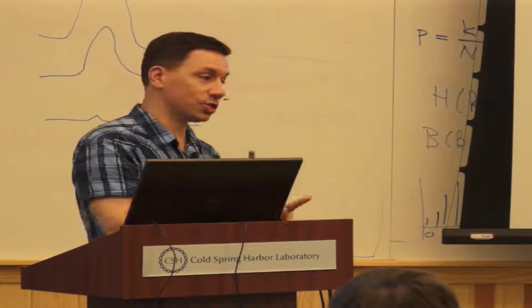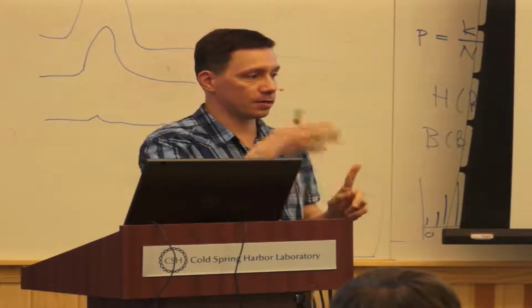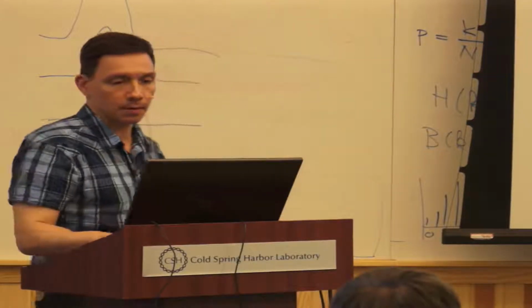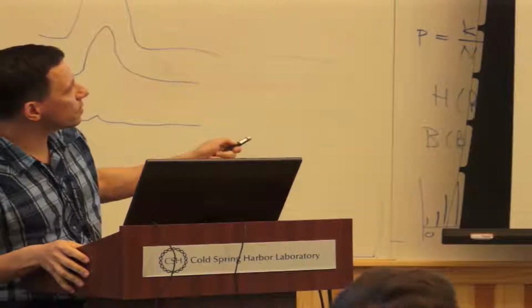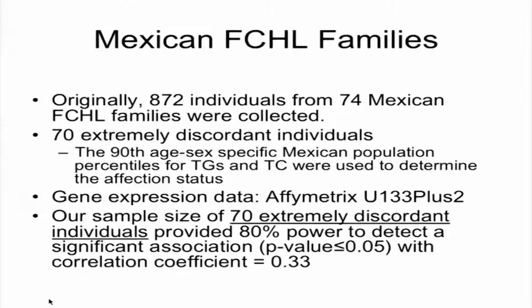It's critical to distinguish which genes cause the disease from those that are simply reacting to it. In the original analysis, there were 870 individuals, but my colleagues only measured 70 extremely discordant individuals, where some were extremely healthy with low lipid levels, and half of them were extremely dyslipidemic.